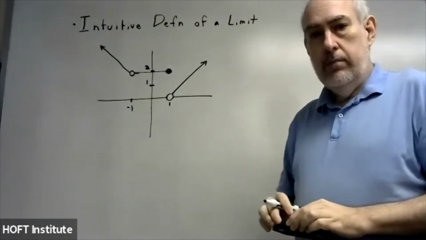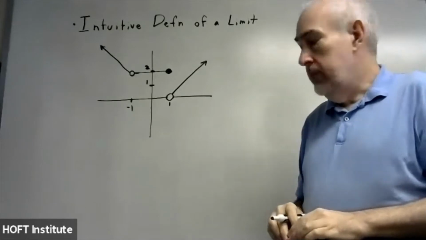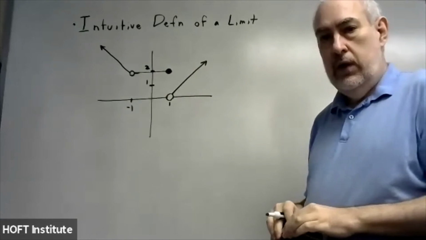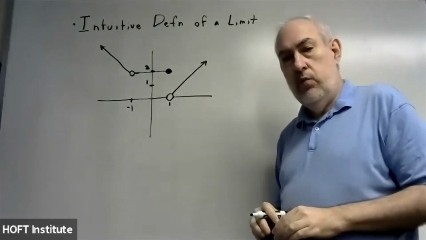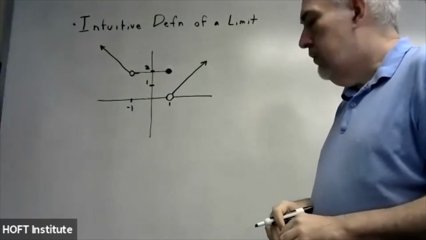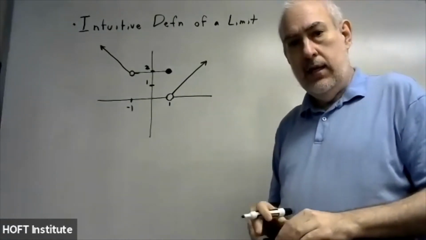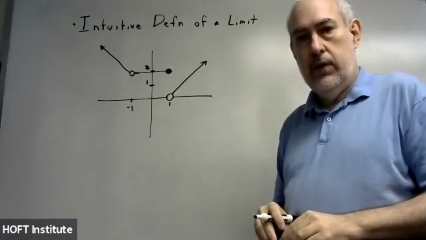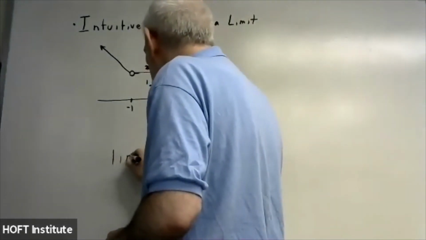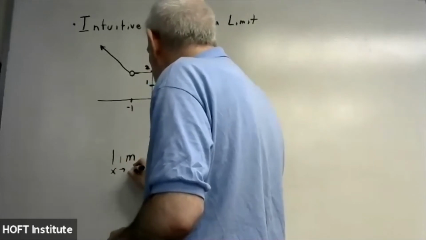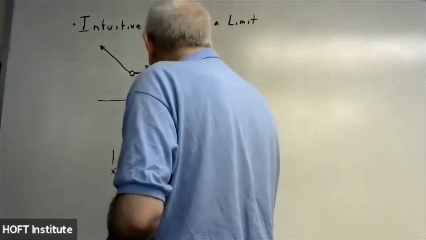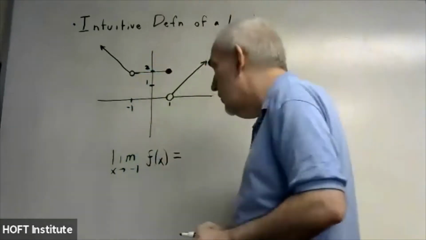Okay, so let's talk about this function. This function is sort of composed of little teeny pieces. I could probably write it as a piecewise function, and I'll talk about piecewise functions later. But let's talk about the limit at a couple of points on this graph. Okay, let's talk about at x equals negative 1. What is the limit as x approaches negative 1 for this function?